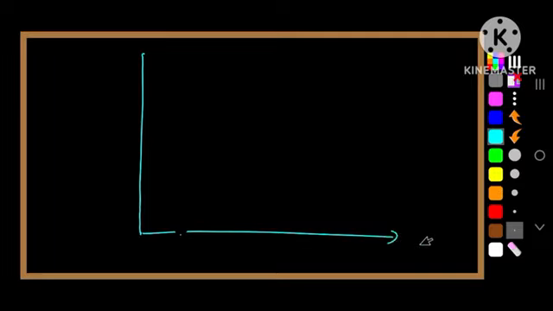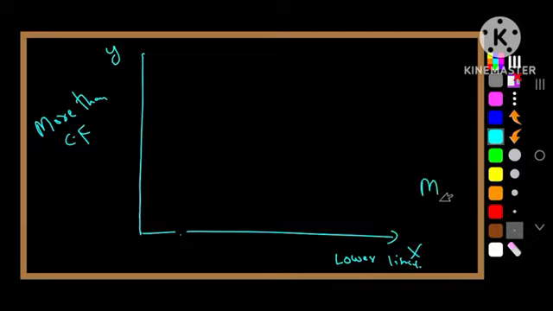So this is my x-axis and this is my y-axis. On the y-axis I have to plot the more than cumulative frequency. On the x-axis I have to plot the lower limits. Here you have to remember that this type of graph is more than, so always take the lower limits on the x-axis.